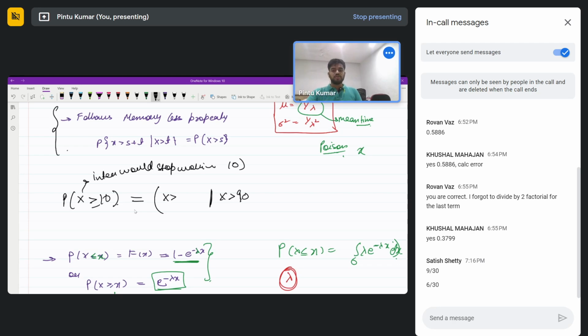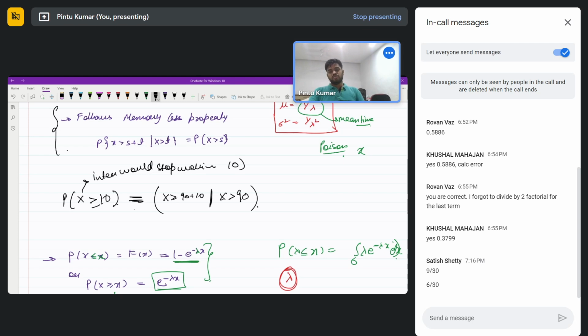So this is 90 plus 10. The memoryless property says that these two probabilities must be the same. Even after we have finished 90 minutes, the probability of the internet getting affected is the same as when we began our process.